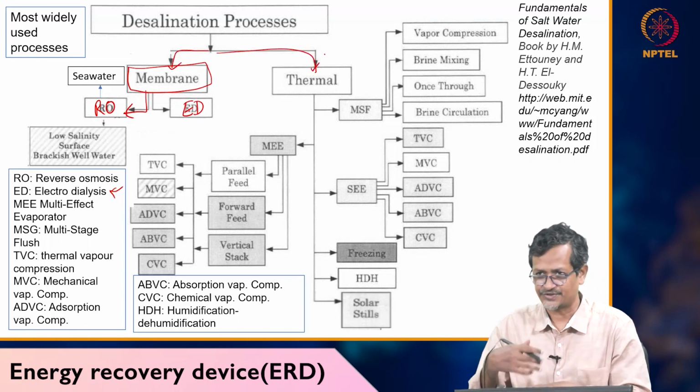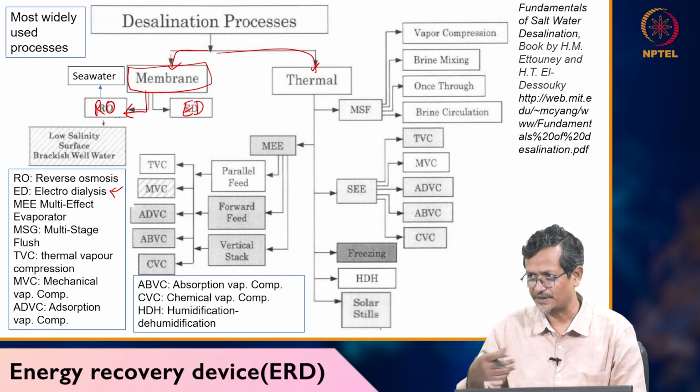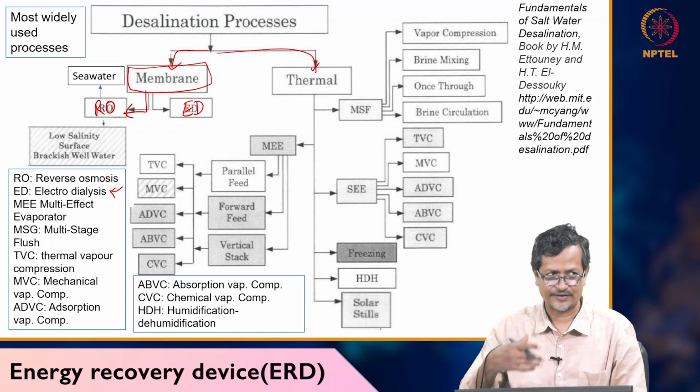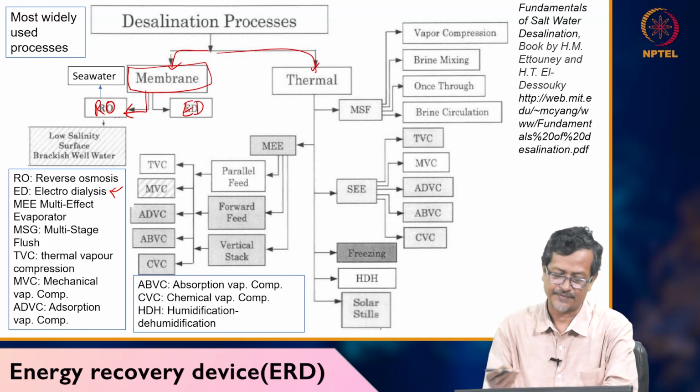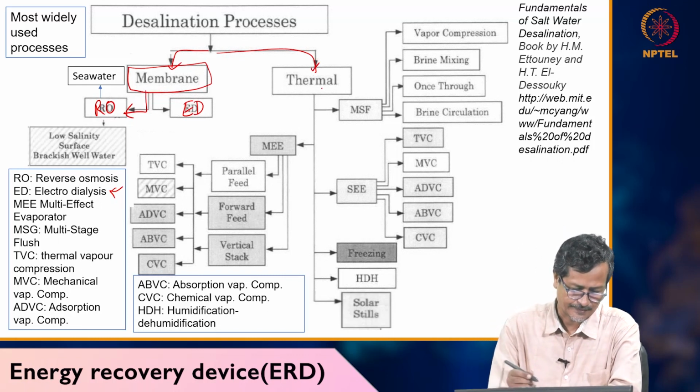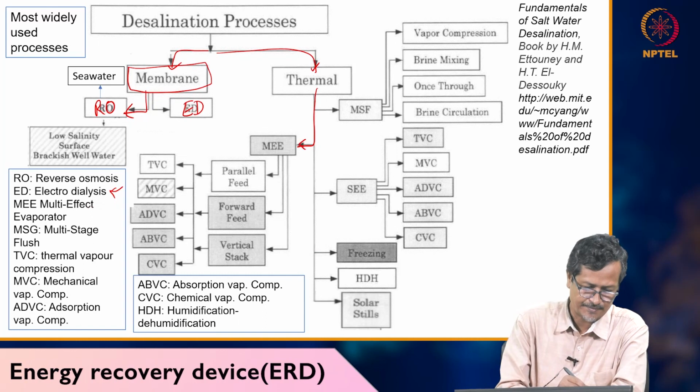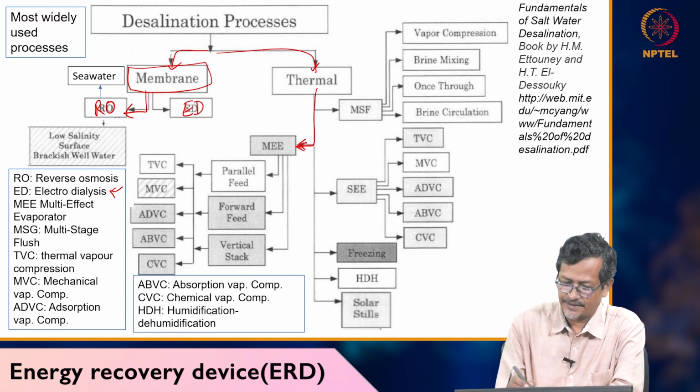In a thermal system you increase the temperature, evaporate, and then cool down or reduce pressure, and again you can create concentration or evaporation, and that way you can get fresh water. From thermal you can get MEE, multi effect evaporator, then multi effect parallel feed, forward feed, vertical stack.